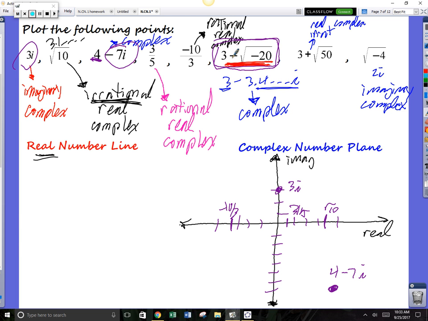Jackson. Where does this live? 3 minus the square root of a negative 20. Which quadrant? Quadrant right here, bottom left. Quadrant 3. What number was that on our calculator?